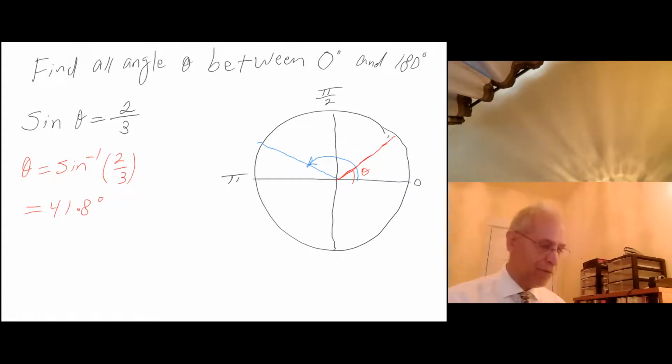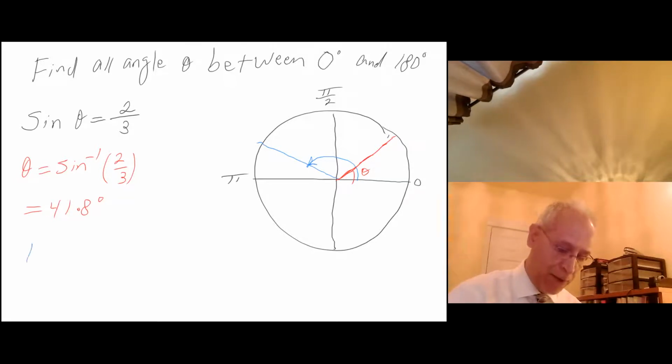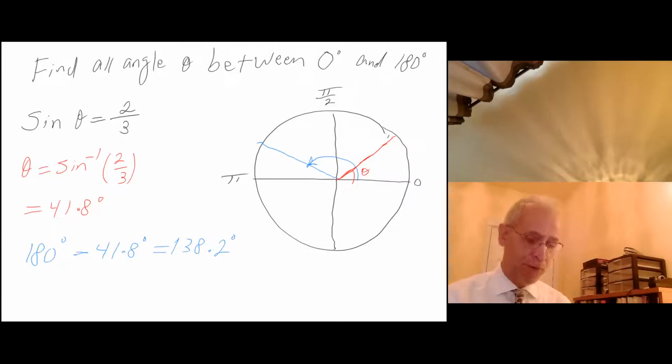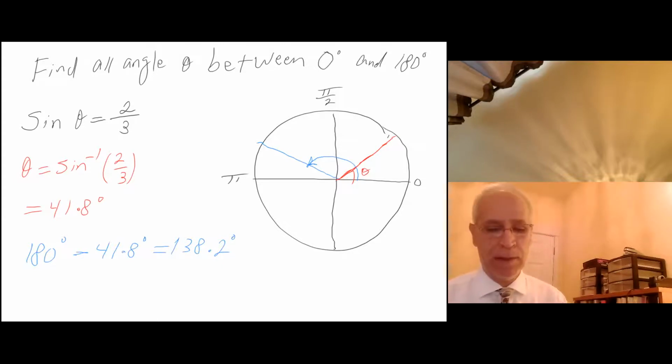How do I find that? I say 180 degrees minus 41.8 degrees, and that gives me 138.2 degrees, and those are my two answers: 41.8 degrees and 138.2 degrees.